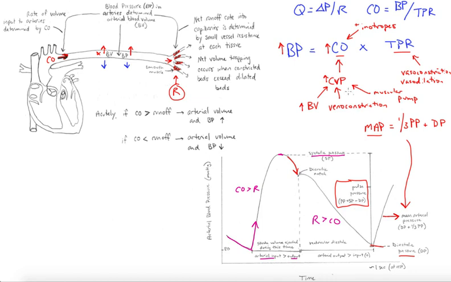Okay? Now, how are these things affected? Well, the muscular pump is a physical factor. There's no other component of it. Increasing blood volume, we can do two things. We can increase intake, or we could decrease output. In other words, you could drink more, or you could decrease your output by decreasing urinary losses.